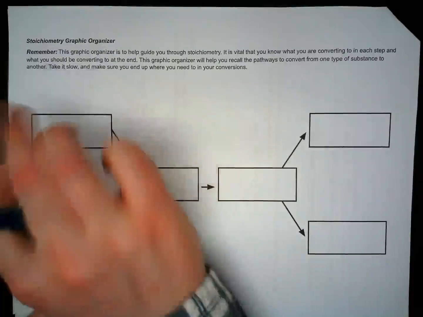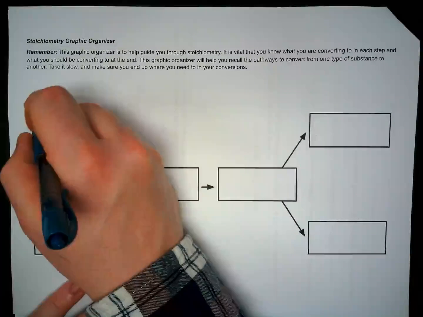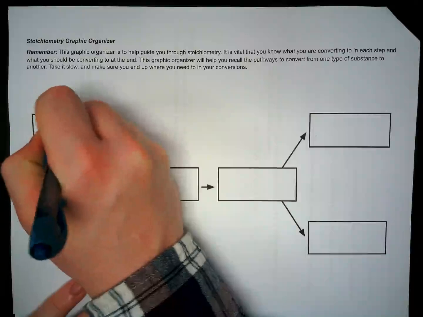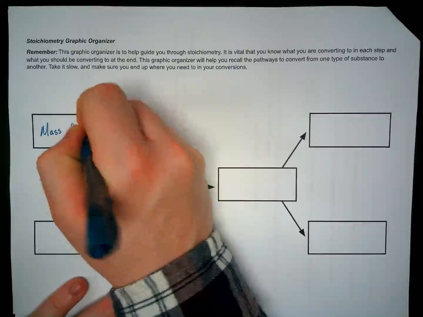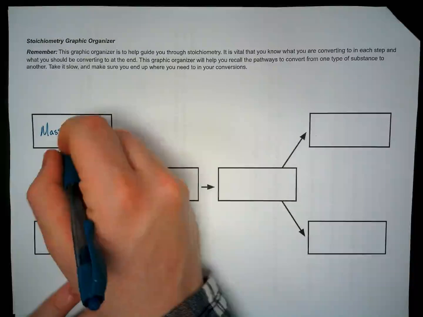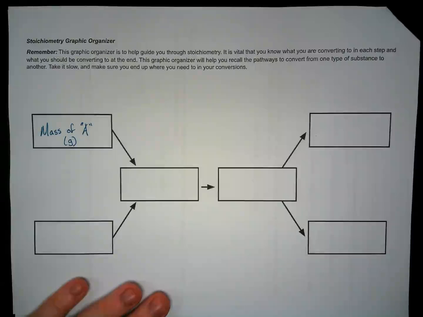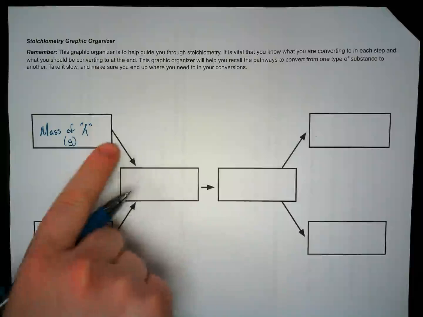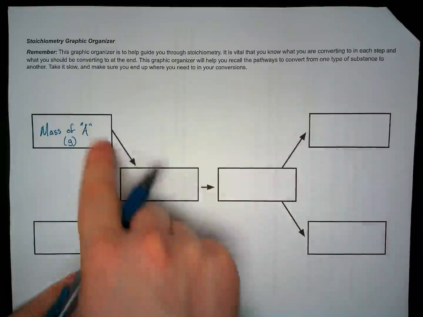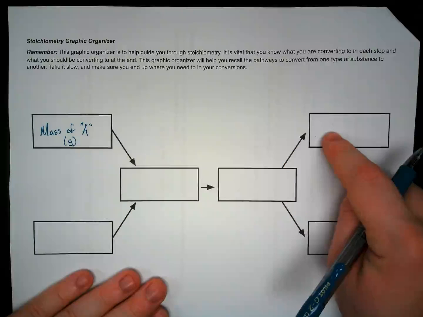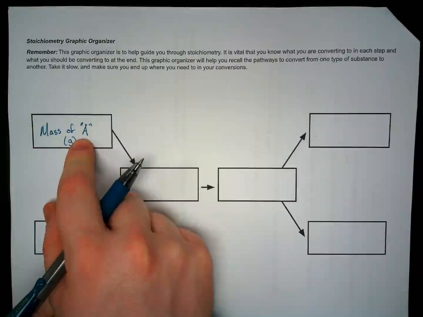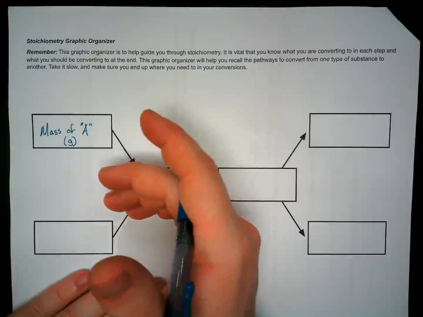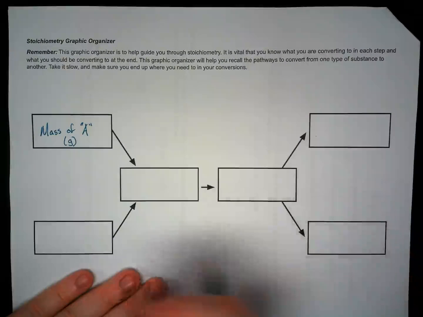Over on this side, we're going to have the mass of substance A, and we measure that in grams. Now, we're going to follow the arrows. The arrows tell us how we're getting from one to another in stoichiometry. We're going to have substance A, and substance B as the other one.